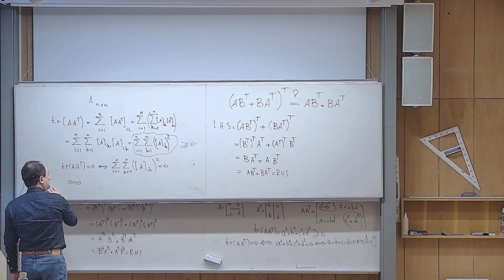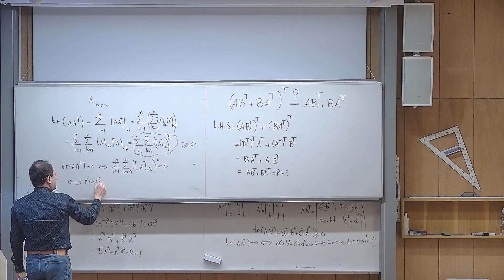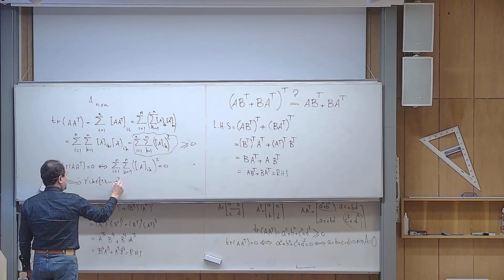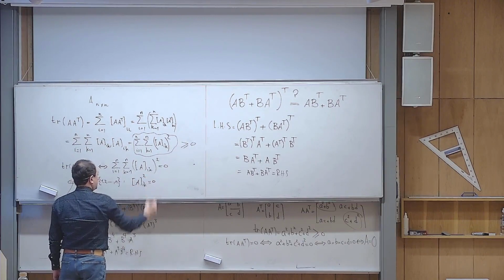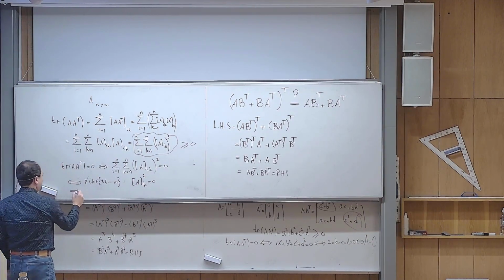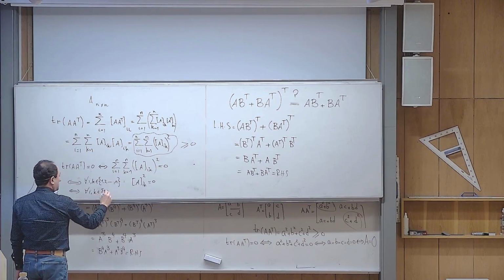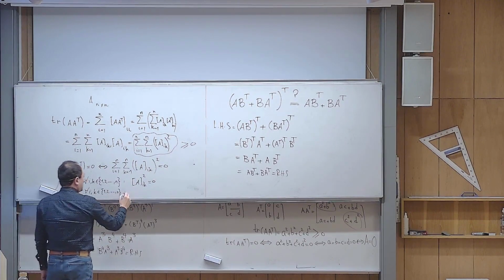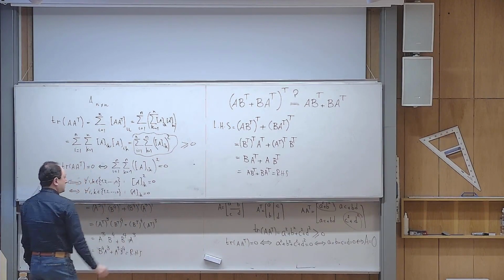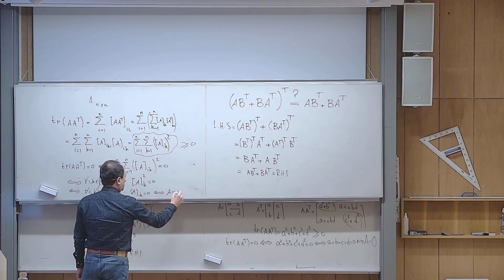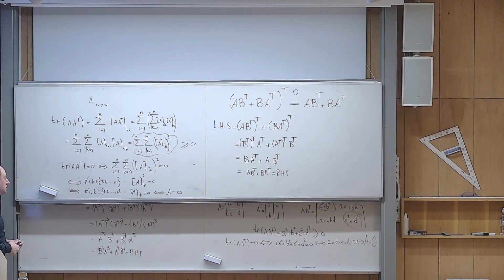So if I want to write it, I would say that for all i and k in the set 1 up to n, a_ik squared is 0. But this means for all i and k in the set 1 up to n, a_ik is 0. So it means that the trace is 0 if and only if the matrix is 0. So this is the rigorous way of writing this in general.